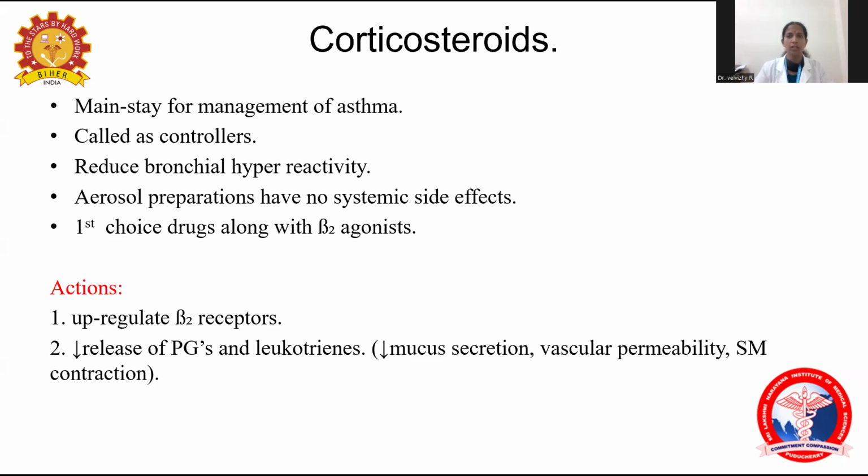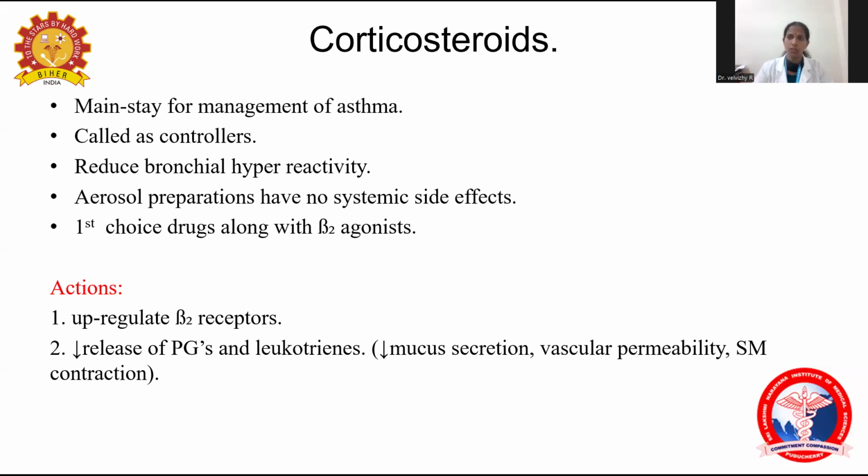Apart from that, it also upregulates beta-2 receptors. If you use beta-2 agonists for a chronic period of time, there will be down regulation of beta-2 receptors, so the beta-2 action will get reduced.